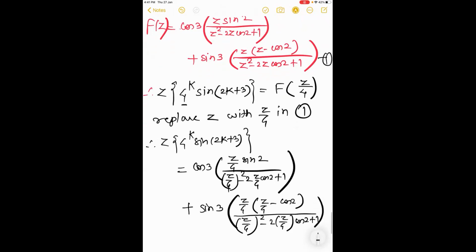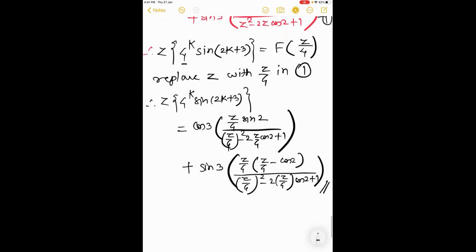That's it. That becomes the transformed answer of 4 raised to k into sine of 2k plus 3. Okay. Got it? Got the result for this one?